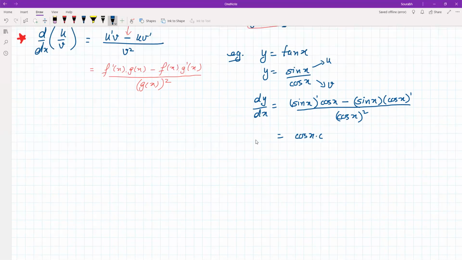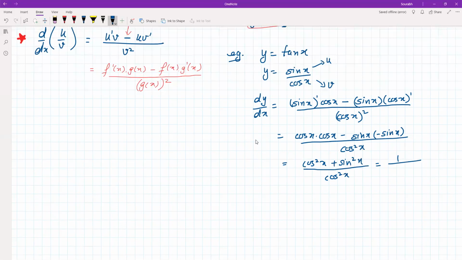So this is cos x into cos x minus sin x into differentiation of cos x, which is minus sin x, whole divided by cos square x. So this comes to be cos square x minus minus plus sin square x whole divided by cos square x, that is nothing but 1 divided by cos square x, that is nothing but secant square x.